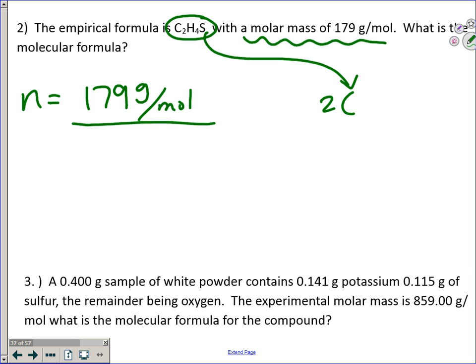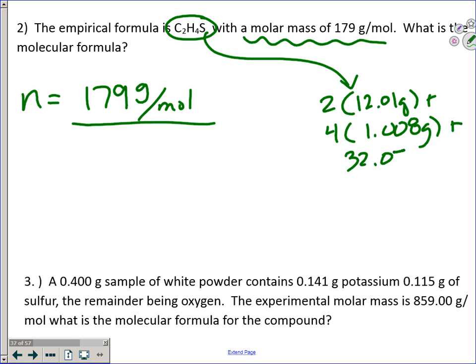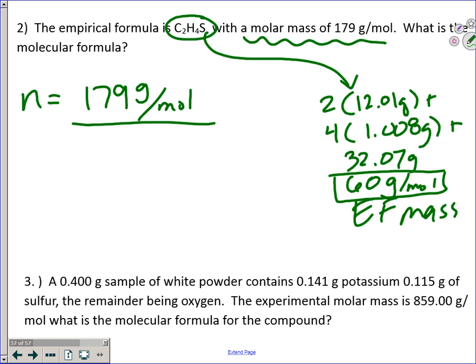2 times what? 12.01. Okay, plus 4 times, plus the S. So 60-ish grams per mole. Okay, this is the empirical formula mass. This is our simplest formula's mass. What do I do with this number?